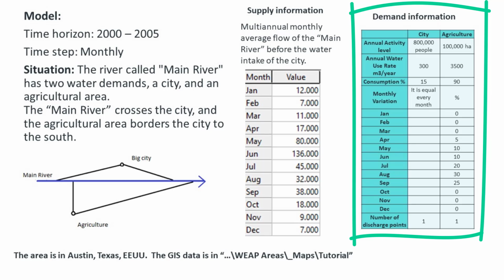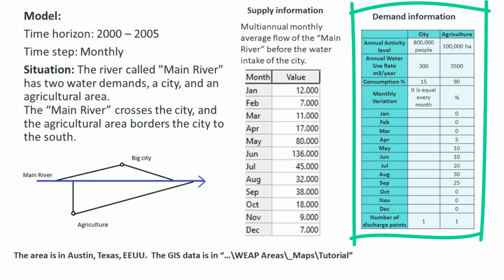The monthly variation variable refers to the variation of the annual water use rate during the year. In this case, the population demand has no monthly variation, meaning that the requirement is the same every month of the year. The water requirement of the agricultural demand has a monthly variation.